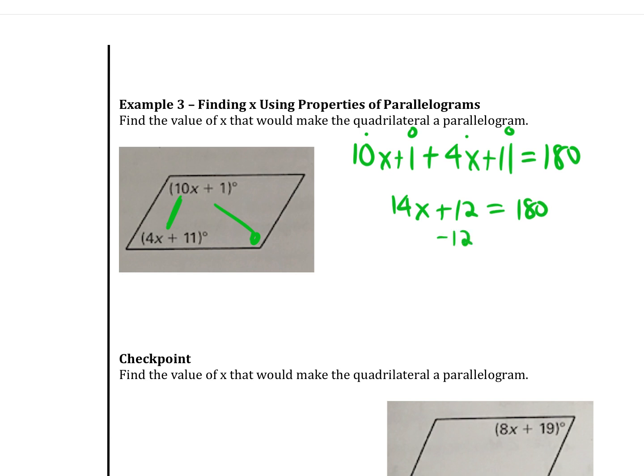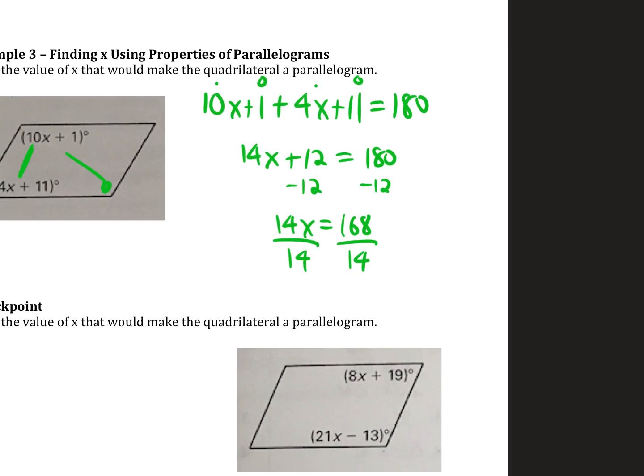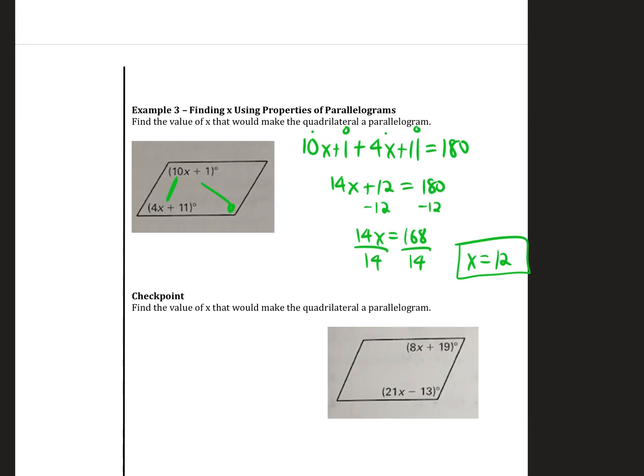Subtract 12, we get 14x equals 168. Divide by 14, and we get x equals 12. So x being 12 would make those supplementary angles, which would make that a parallelogram.